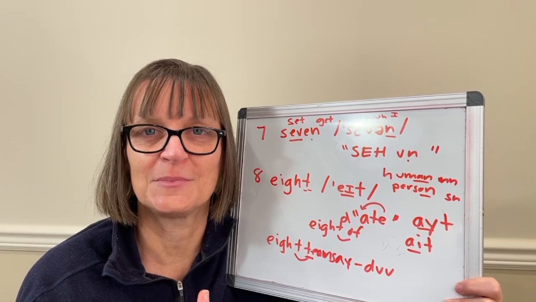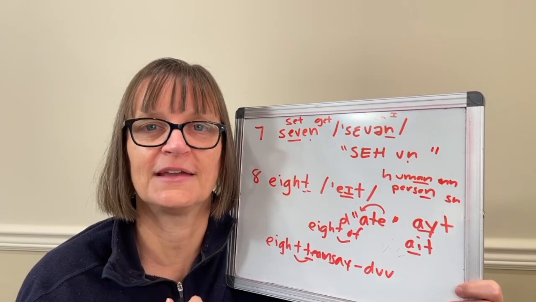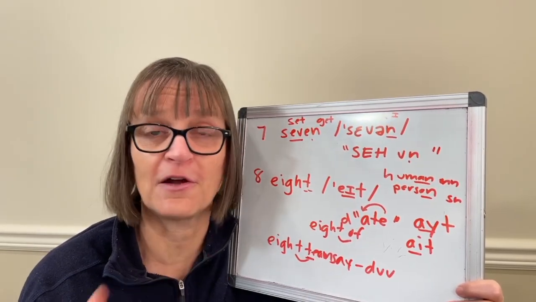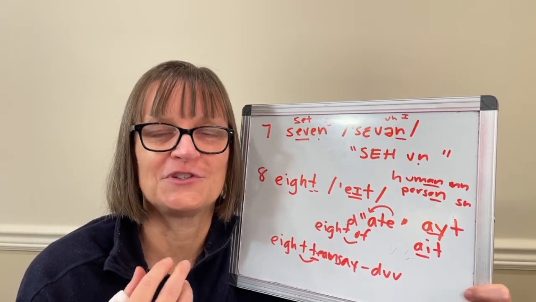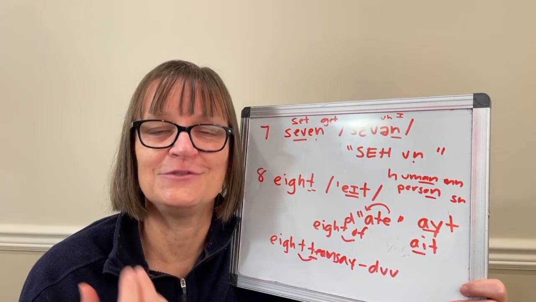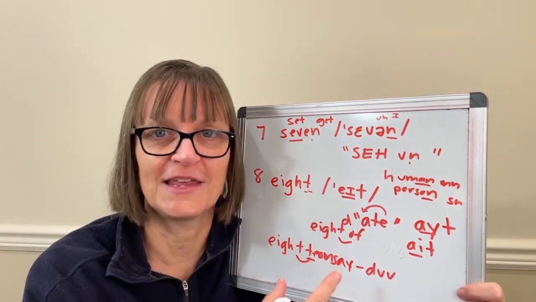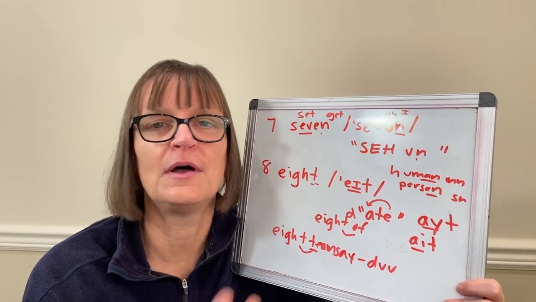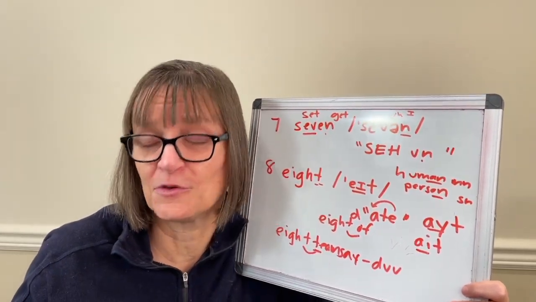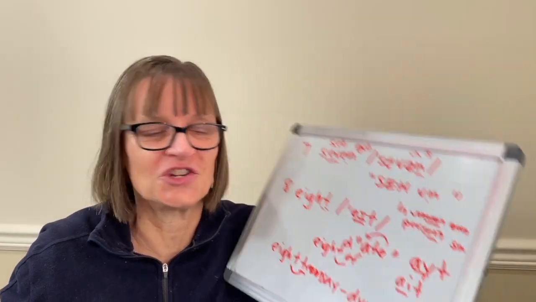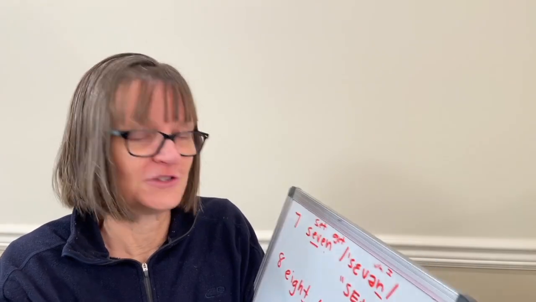Don't just practice the numbers by themselves, but practice saying them out of order, because often we rely on that order to help us know how to pronounce them correctly, and use them in phrases. So I've been giving some examples of that as we go, but pick random numbers, try to put them in sentences and phrases. That's going to really help you solidify your pronunciation and make sure that you're using them correctly and you're getting some of these nuances and details that we're discussing.